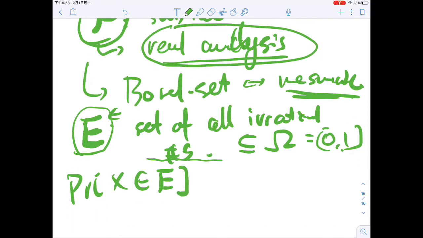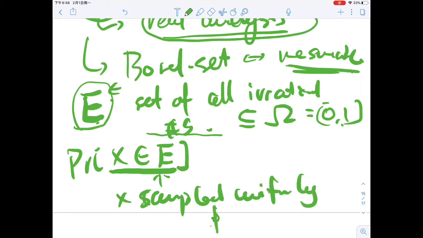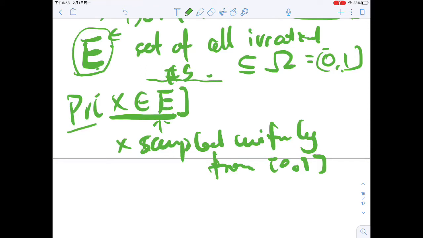Then we want to ask what's the probability that X falls into the set E when X is sampled uniformly from 0 to 1. Something strange is happening. We produce a uniform sample from the 0 to 1 support, and we ask: what's the probability the number you sampled is an irrational number?